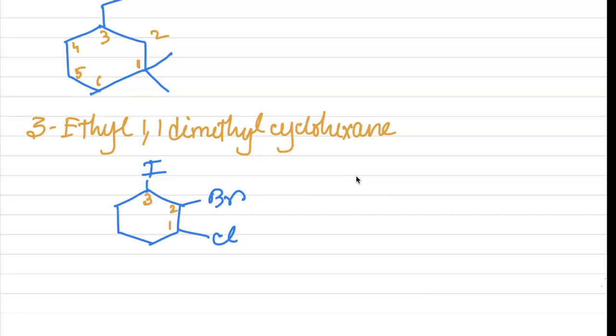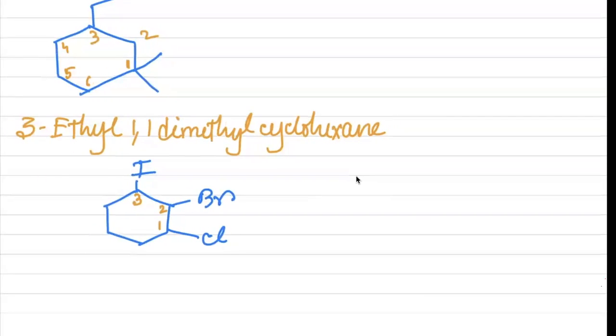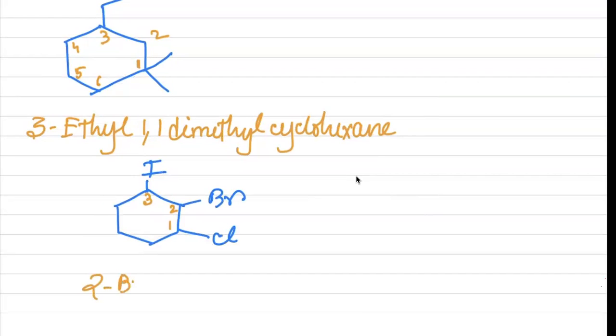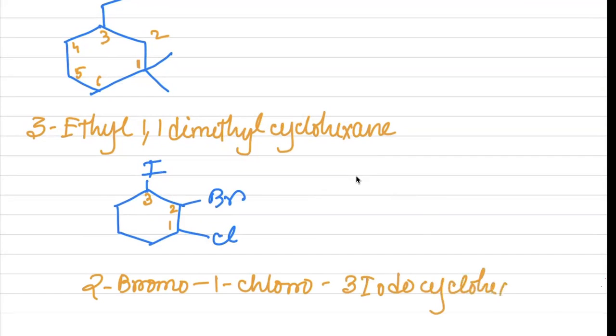So the name will be 2-bromo, obviously, because B comes first, 2-bromo-1-chloro-3-iodocyclohexane. Clear? Yes, ma'am.